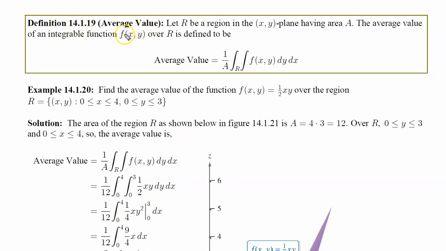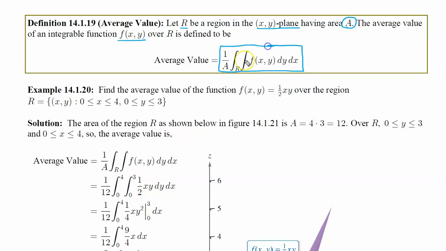So here's our definition for the average value for a function of two independent variables. If we have a region R in the xy plane, and that region R has an area A, then the average value of an integrable function f of xy over R is this quantity right here.